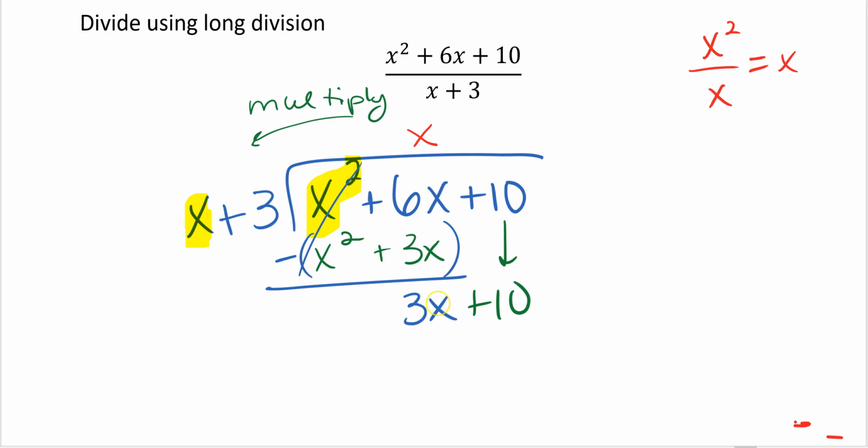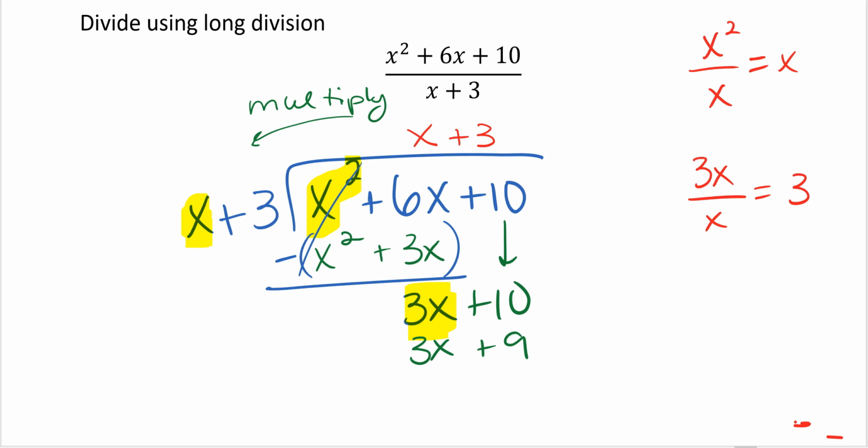Then we're going to divide the leading term in this expression by the leading term in the divisor. So we want to find 3x divided by x, which is 3. That's a positive 3. Then we're going to multiply 3 times x is 3x. 3 times 3 is 9.